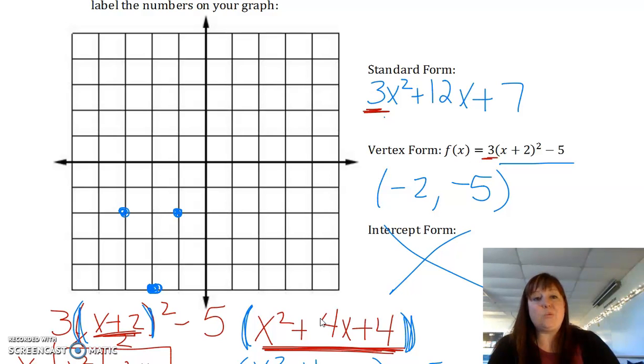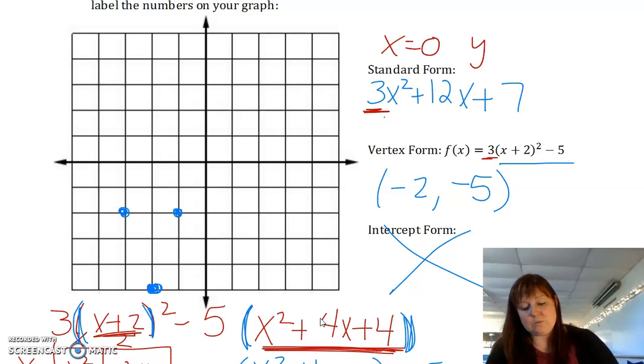But the other thing that I will look at is my y-intercept. The y-intercept is when x equals 0, what does y equal? Well, when x equals 0, this term is 0 plus this term is 0 equals 7. So actually when x equals 0, y equals 7.